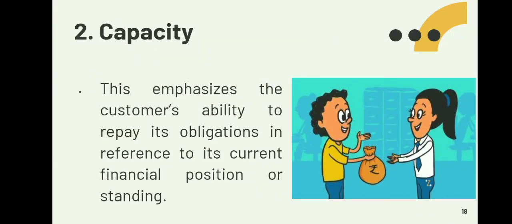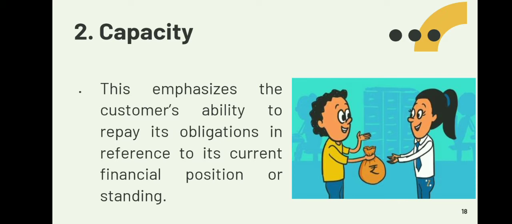Number 2, capacity. This emphasizes the customer's ability to repay its obligations in reference to its current financial position or standing. So this capacity measures the borrower's ability to repay a loan by comparing income against recurring debts and assessing the borrower's debt-to-income or DTI ratio.